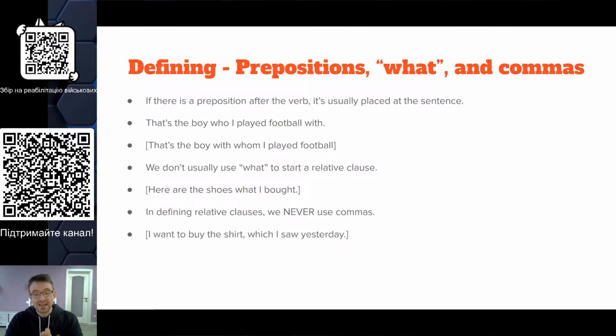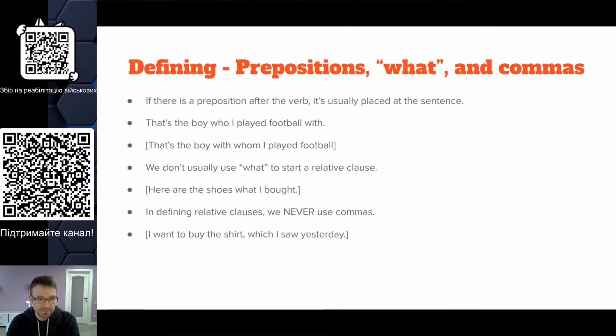And the final point, and this last point is probably the most typical mistake that I see from Ukrainian speakers who are learning English, is that in defining relative clauses, we never, I repeat, never use commas. Using a comma is always a mistake in defining relative clauses. So, for example, I've given you the sentence, I want to buy the shirt, comma, which I saw yesterday.